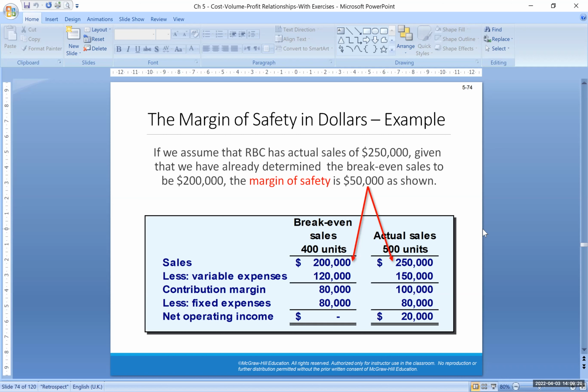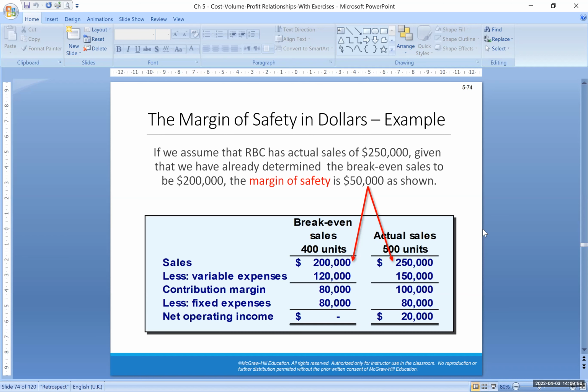So the difference between the actual sales and break-even sales is called the margin of safety. For our example, it will be $50,000. Now, if we're thinking about units for the margin of safety, then the difference between the 500 and the 400 will be the margin of safety represented in units.